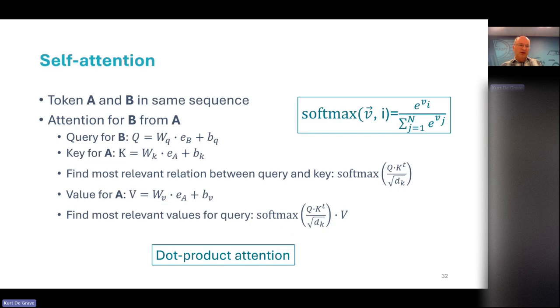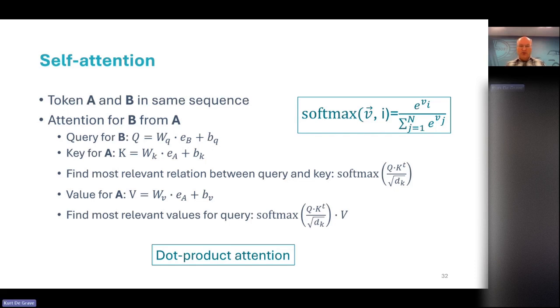So say token A and B are in the same sequence, and we want to compute the attention for B from A. Then we compute the query for B, that is, we compute the weight matrix times its embedding plus some offset. And we compute the key for A, that is another weight matrix times its embedding plus some offset.